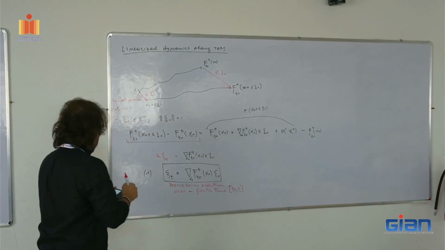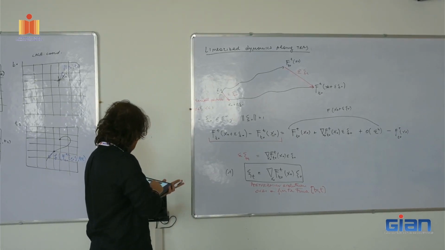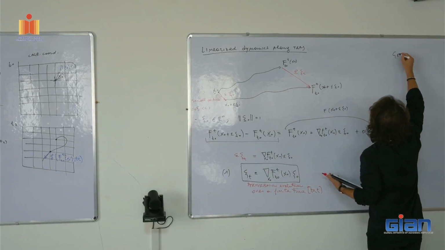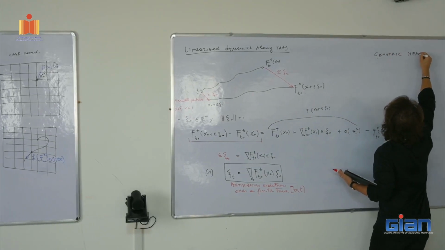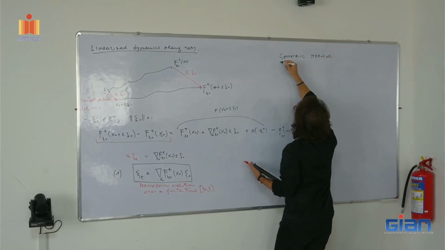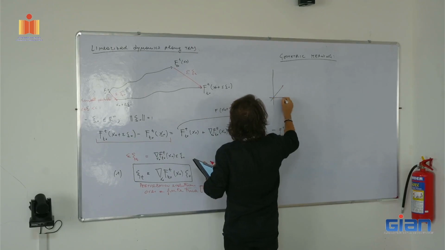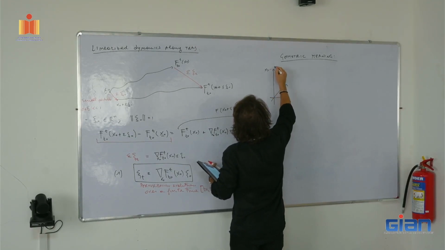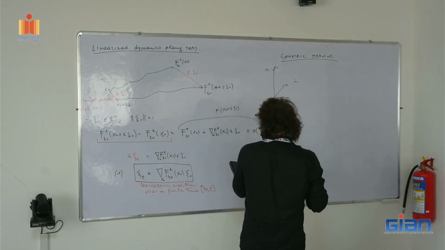Okay, what is now the geometric meaning of this? The geometric meaning is also very simple. Let's say this is our phase space, x1, x2, x3 to xn. Let's pick an initial position, x0. That's our base point.